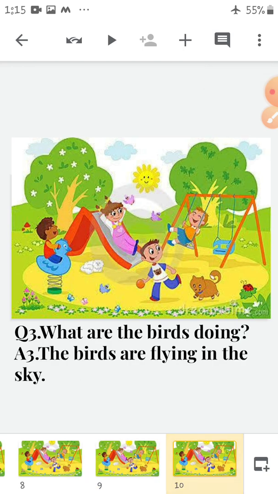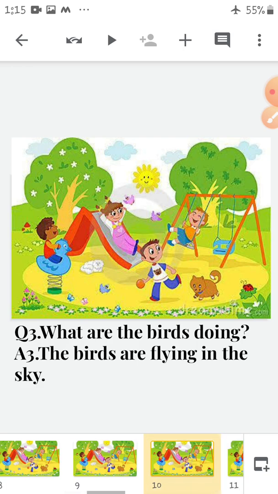Next, what are the birds doing? Children, you can see birds also. Yes, what are they doing? The birds are flying in the sky.